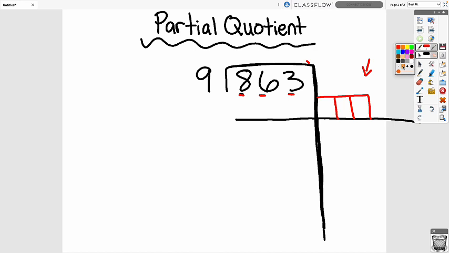So let's get started. And as always, we're going to ask ourselves our division question. So the question is, how many equal groups of 9 can you make out of 8? Okay, so another thing too, whatever your divisor is, the students pretty much have a trick for all of them. So let's write our 9s down.